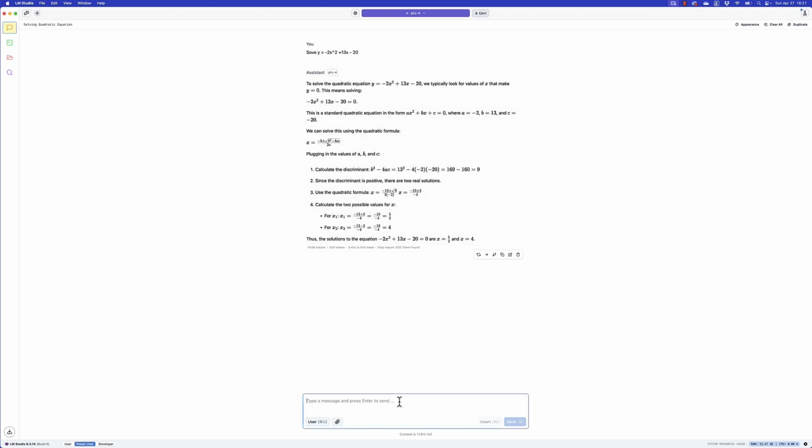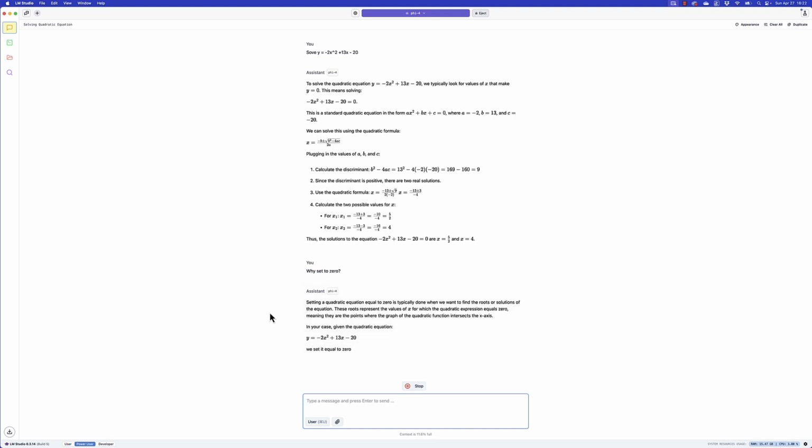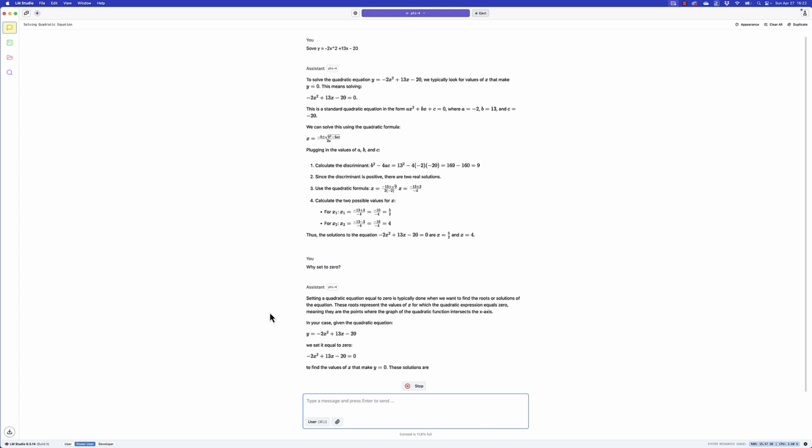But over here, let's say I want to tell it y set to 0, and ask why are we setting the equation to 0? Setting the quadratic equation to 0 is typically done when we want to find the roots or solutions of the equation.